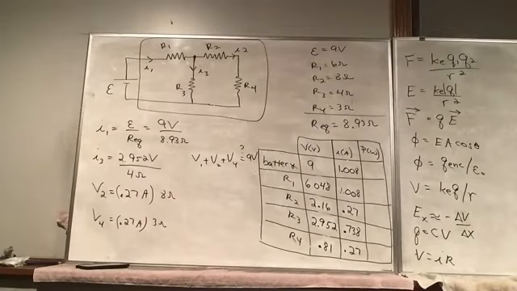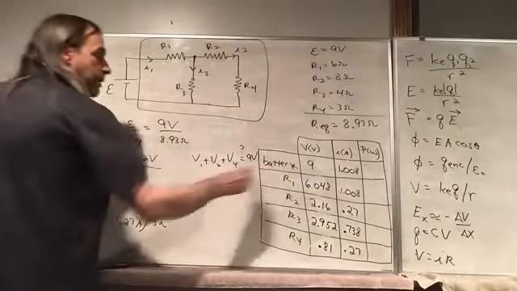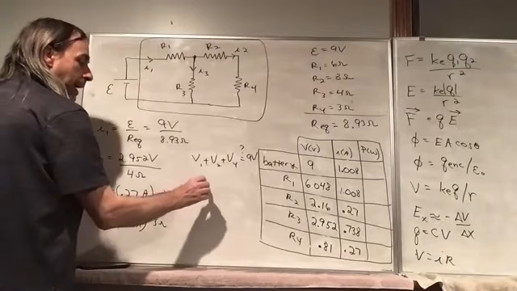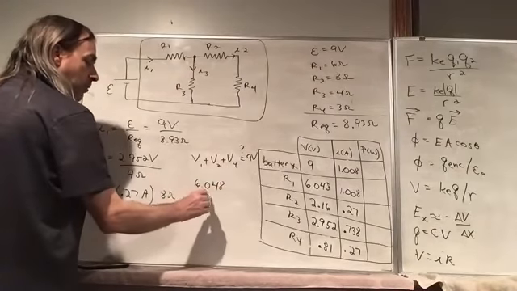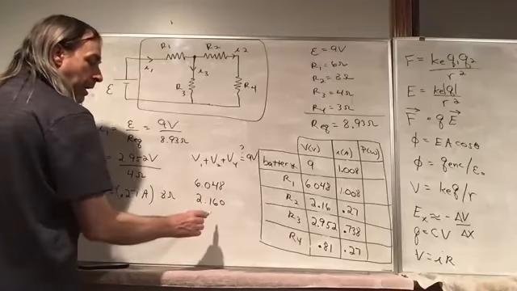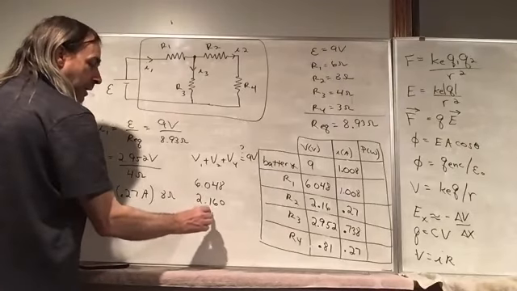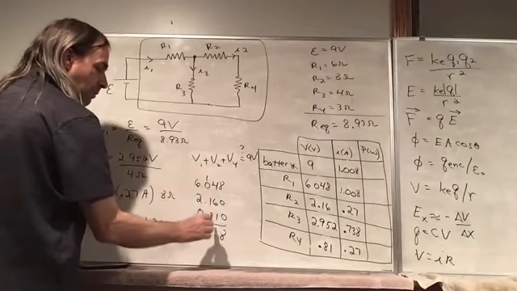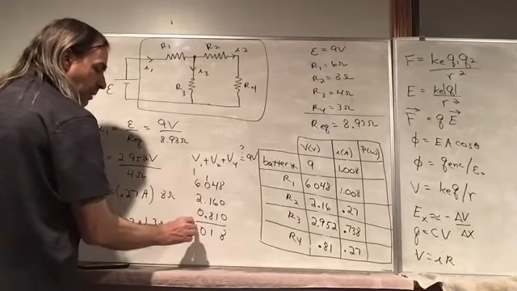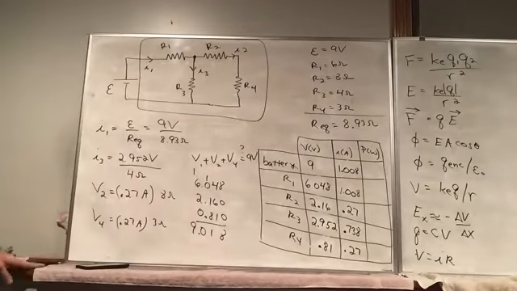So if we add these up, we should get 9 volts. That wasn't working out too well last time because of rounding, but let's add this up. 6.048. V2 is 2.16, and then 0.810. So I'm getting 9.018.